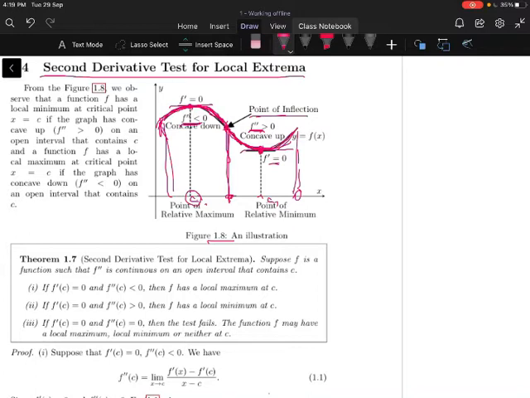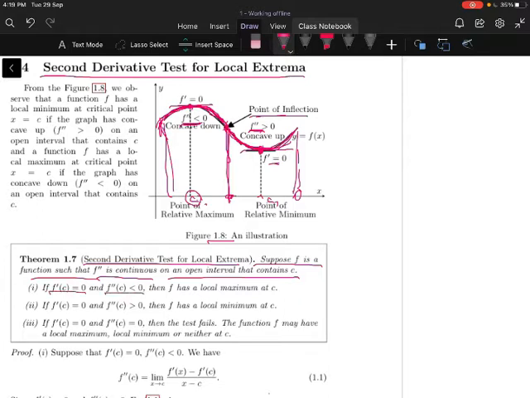Now let us move to the theorem, the second derivative test for local extreme values. Suppose f is a function such that f double dash of x is continuous on an open interval containing c, where c is a critical point.